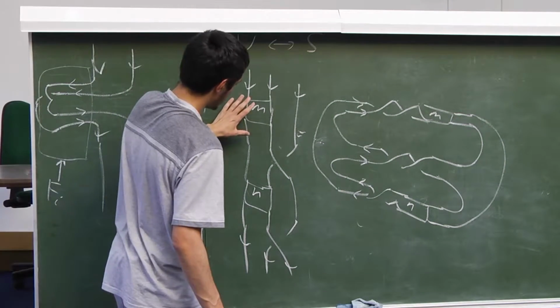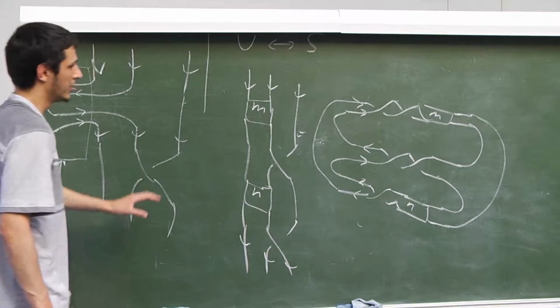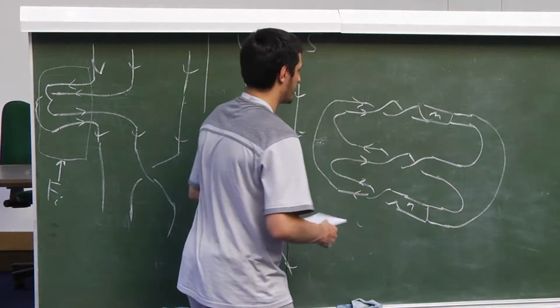So it is a three-strand braid representation, and it is an arborescent representation.